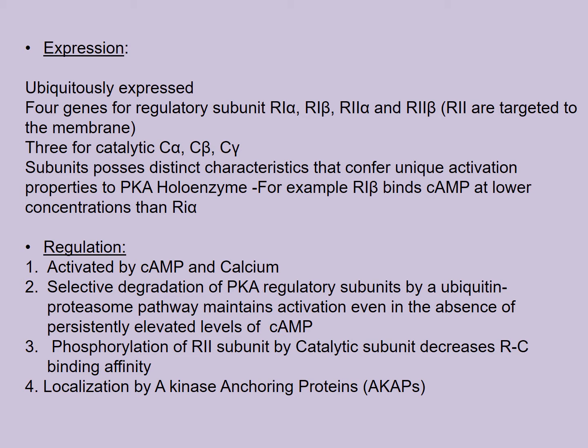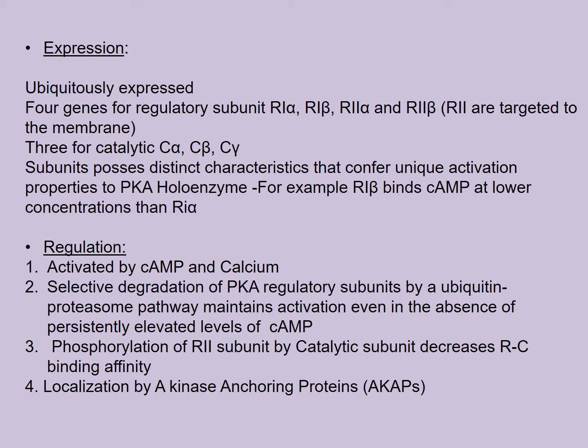For example, regulatory subunit 2 is going to target PKA to the membrane. So if your cell is expressing regulatory subunit 2, you will have PKA targeted to the membrane. On the other hand, if you have regulatory subunit 1, they're mostly cytoplasmic, so you will not be targeting PKA to the membrane. Therefore, even though PKA may phosphorylate different targets, of which some are expressed on the membrane or close to the membrane, some in the cytosol, which regulatory subunits your cells are expressing will determine which of these targets are going to, in reality, be phosphorylated by PKA.